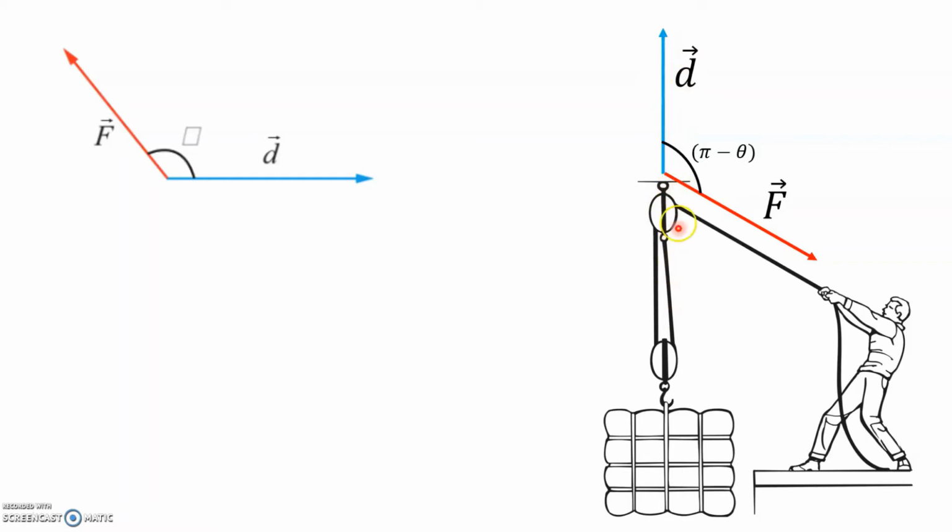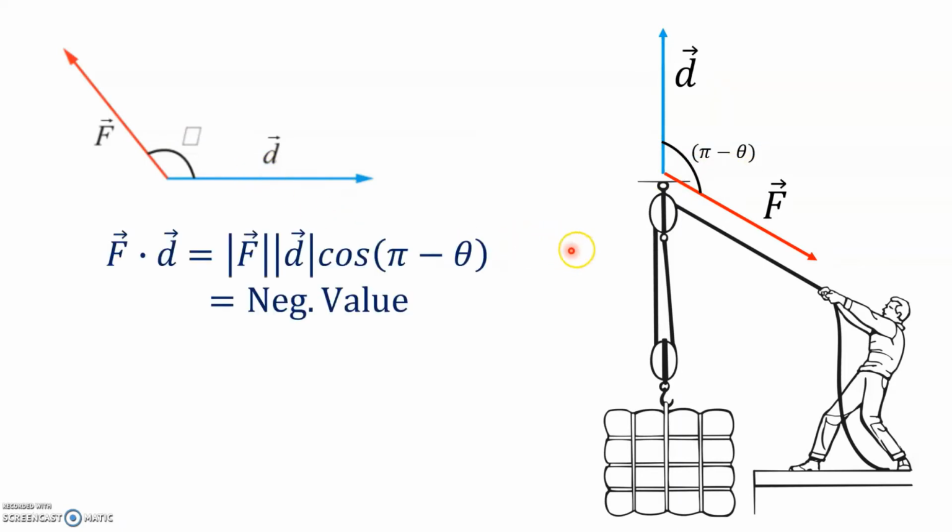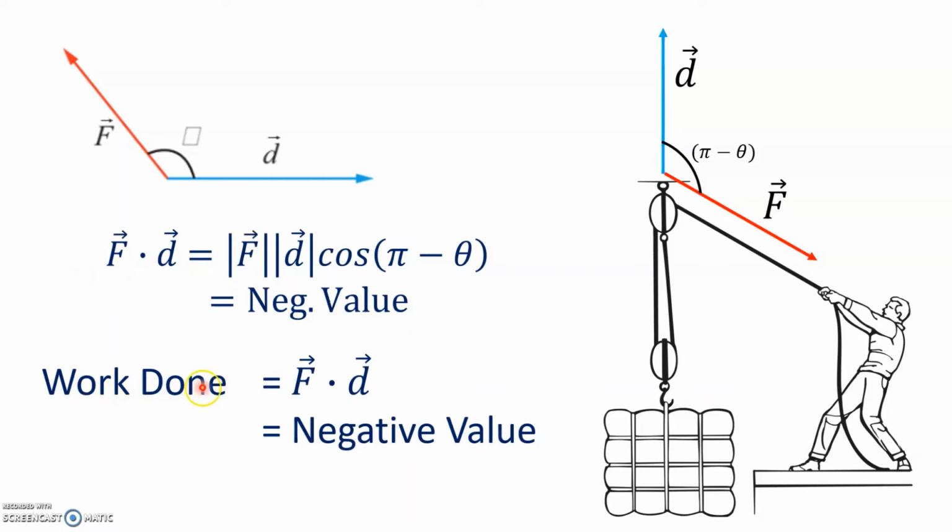You don't take the internal angle, but the one from the external side. Look at the direction, so this would be the angle. Our angle between the two is pi minus theta. We know that cos of pi minus theta is a negative value. Therefore F dot D would be negative, and therefore the work done will be a negative value.